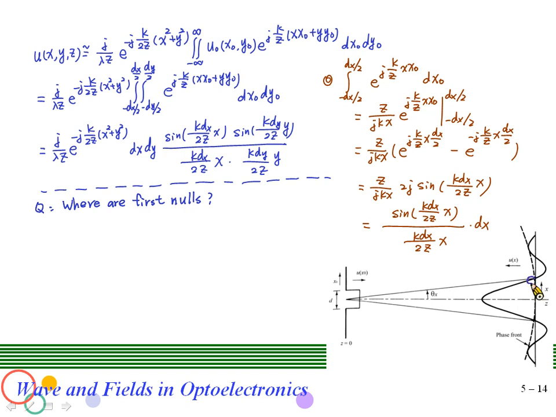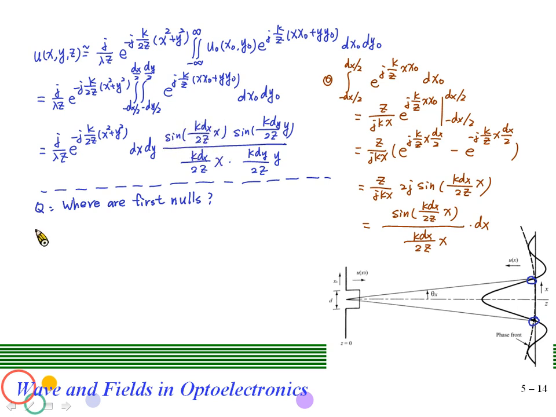The first 0 points will appear at these 2 points, right? So from the expression for the diffraction field, can you find out the first nulls?